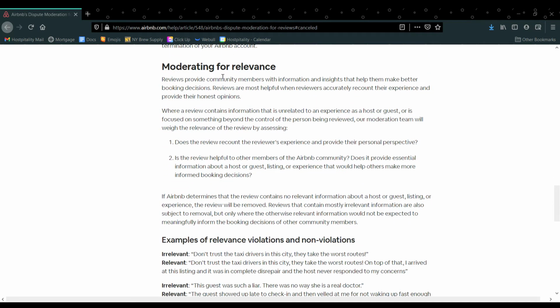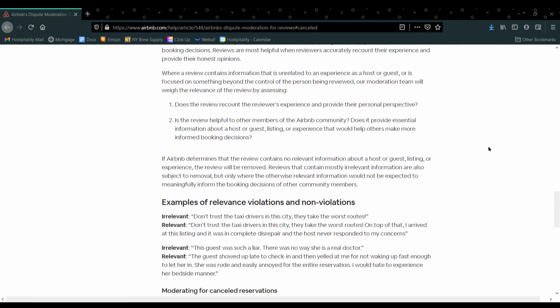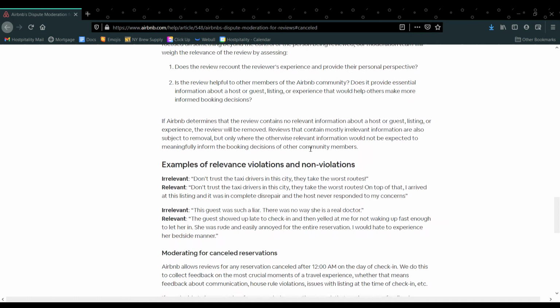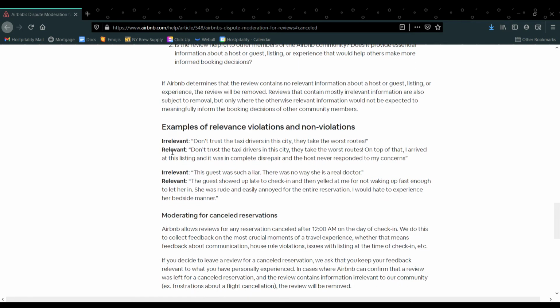So, moderating for relevance. It's basically if this person is providing feedback in their review that is not relevant to you or your listing, it would be removed as well.